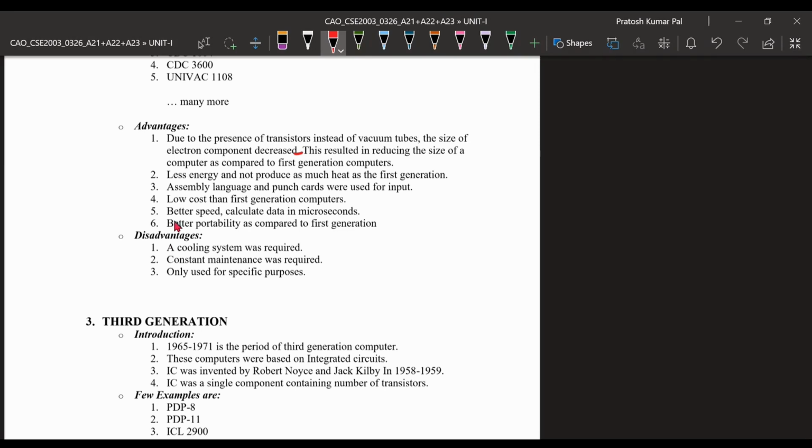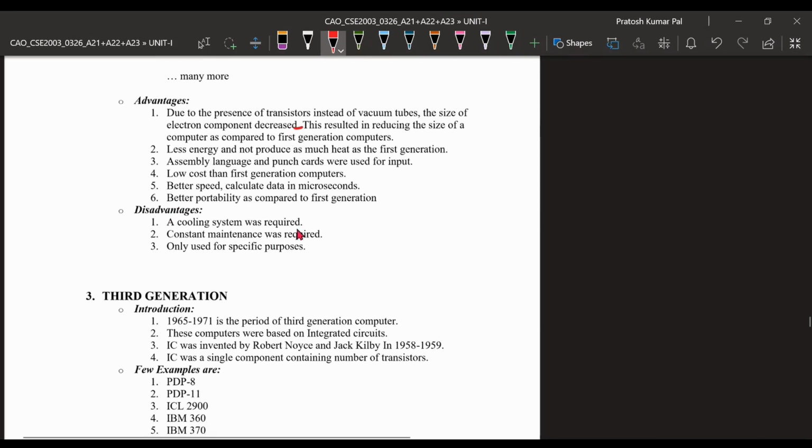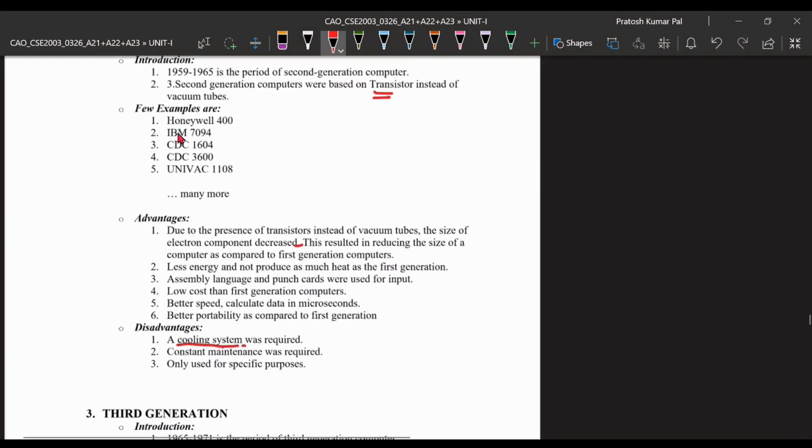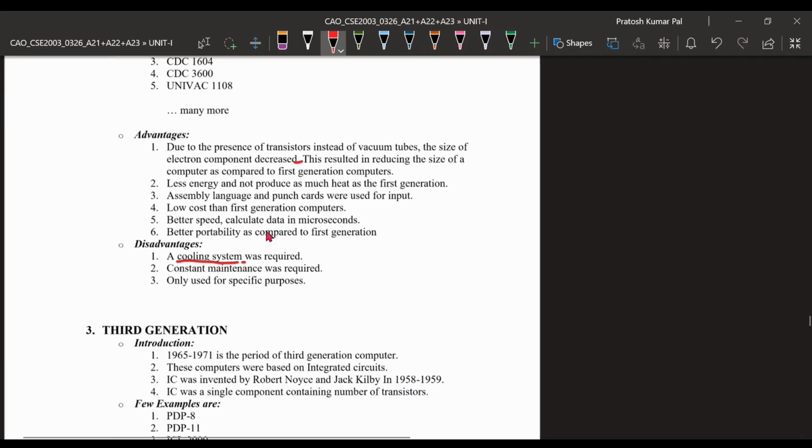The next point is that a cooling system was required. It was one of the disadvantages at that time, in 1959 to 65. Nowadays, as the size of transistors is very small and a large number of transistors are implemented on a single chip, it is worse in electronic circuits.